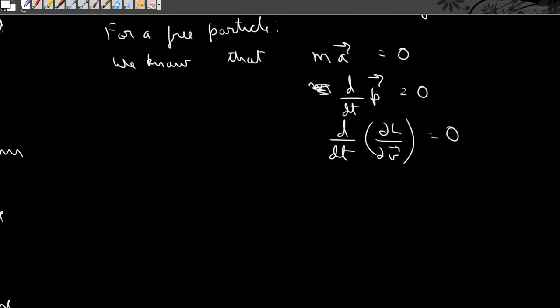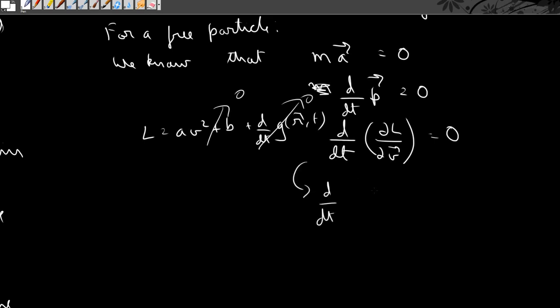Then if you write L as a v square plus b plus d by dt of g of r and t, then dou L by dou v will make sure this goes to 0 and this goes to 0, and we will get d by dt of 2av equal to 0. Now let's compare this equation and this equation.